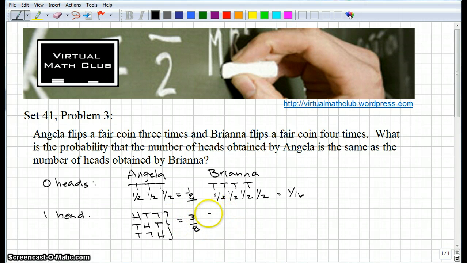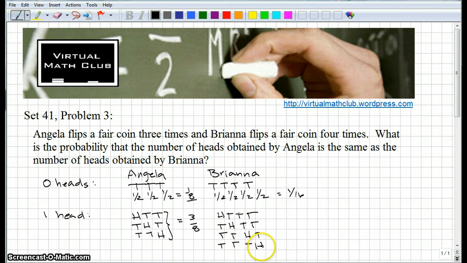And for Brianna, again it's just 1 head, so it could look like head, tail, tail, tail, or tail, head, tail, tail, or tail, tail, head, tail, or tail, tail, tail, head. Here we have 4 places to put the head.